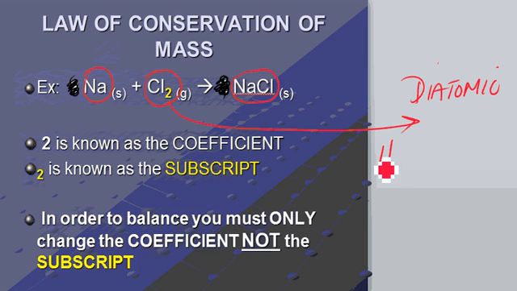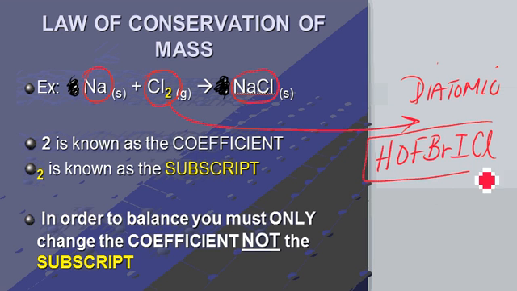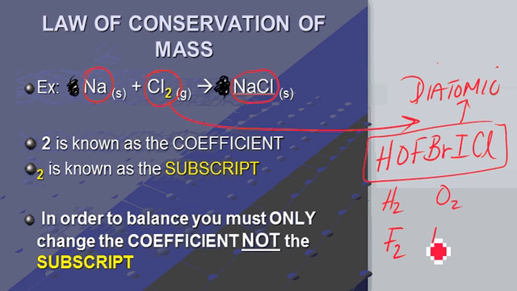These are the Hofbrinkels: hydrogen, oxygen, fluorine, bromine, iodine, chlorine. They are diatomic, which means when they're by themselves, they exist in pairs of two. So hydrogen will be H2, oxygen O2, chlorine, bromine, and so on.